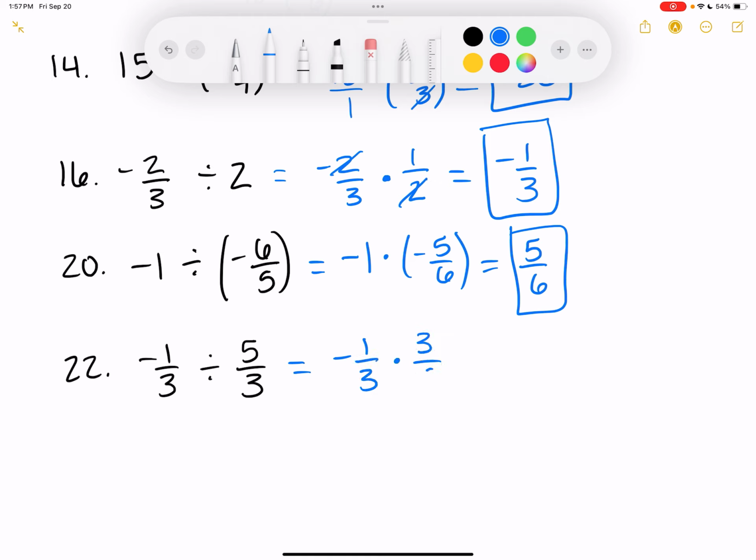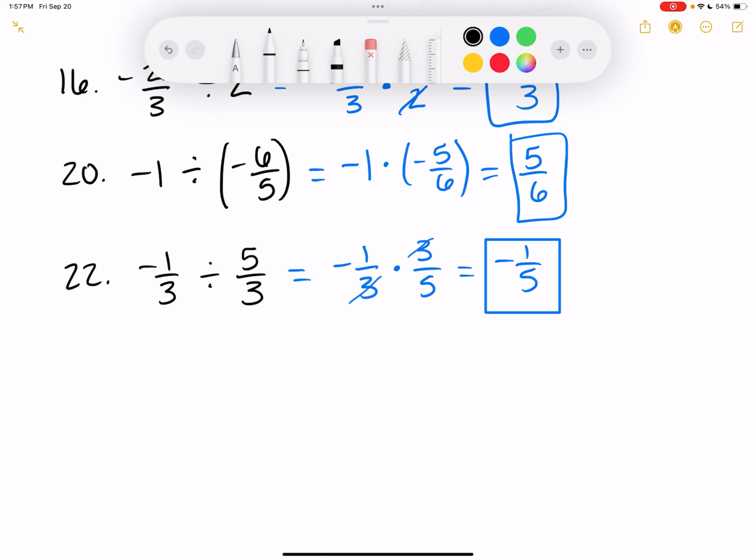What is that going to give me? Negative 1 over 5, because the 3's cancel. And that would be what we do there. All right, any questions on those? Nope.